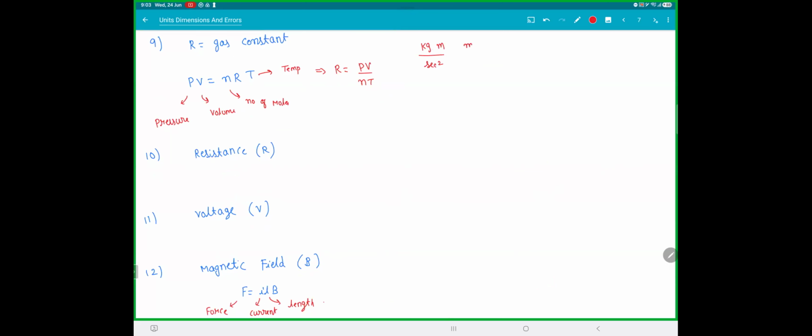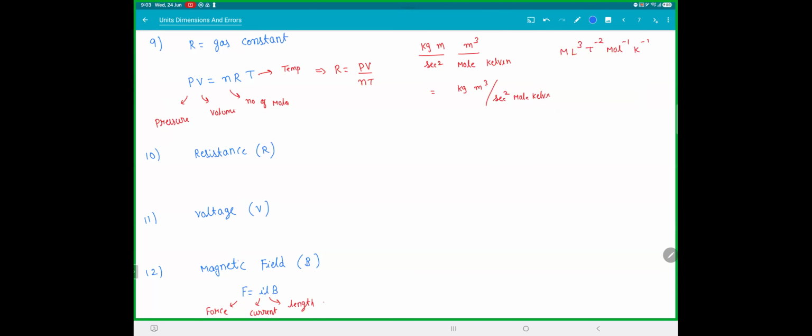V is volume, so that is meter cube, length, breadth, height. n is number of moles, that is mol, and temperature is Kelvin. So this would be mass L cube T minus 2 mole inverse Kelvin inverse. So it has 5 dimensions there. This is kg meter cube per second square mole Kelvin. That has 5 quantities in one thing.